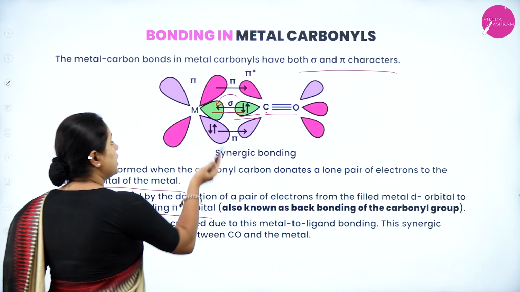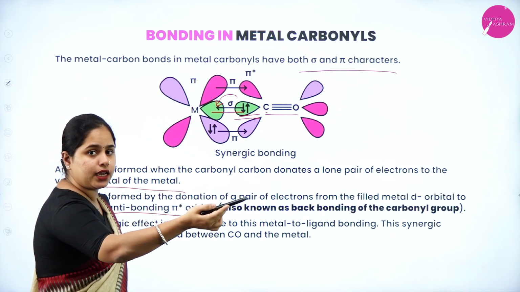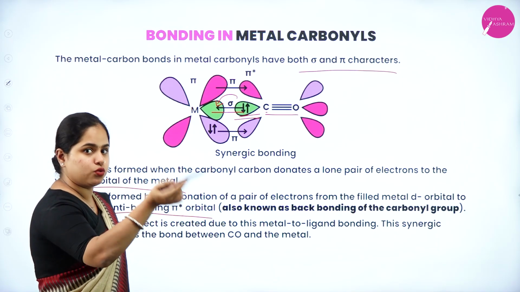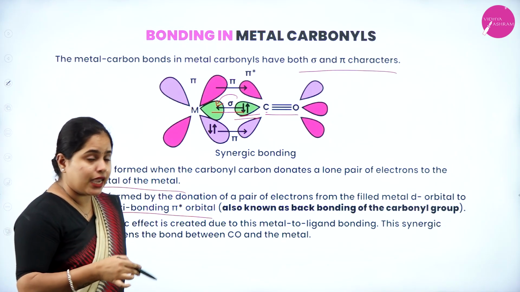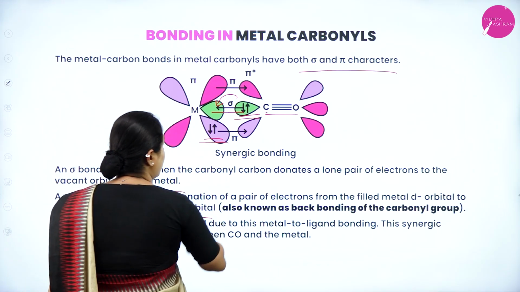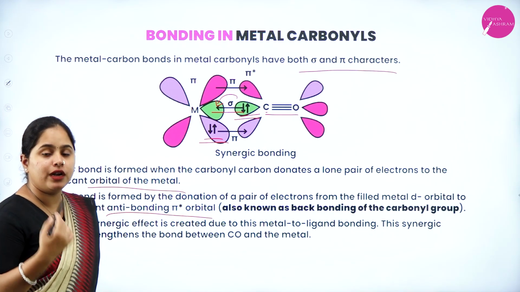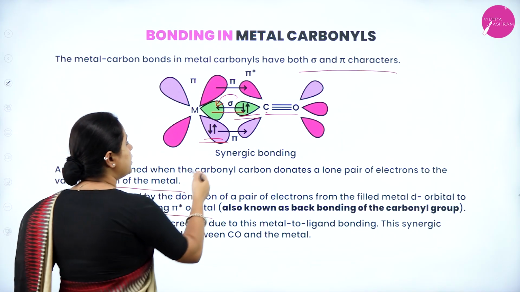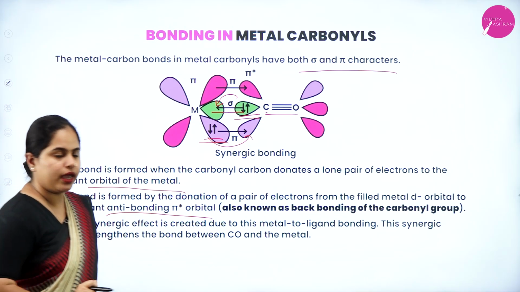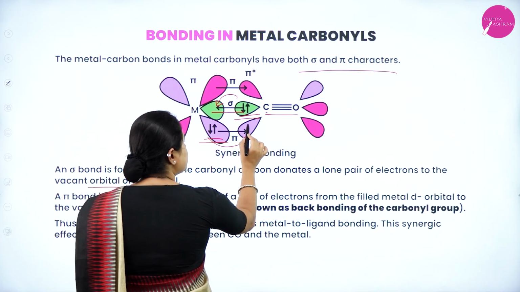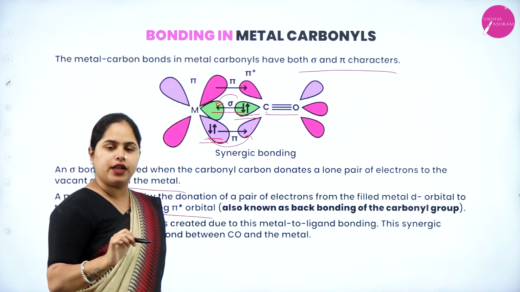That means at the same time when the carbonyl carbon is donating electrons to the metal, which is generally supposed to happen in a coordination compound, the filled orbitals of the metal will donate electrons back to the carbonyl ligand. As you can see here, it will be donated to the vacant d orbital of the carbonyl carbon.